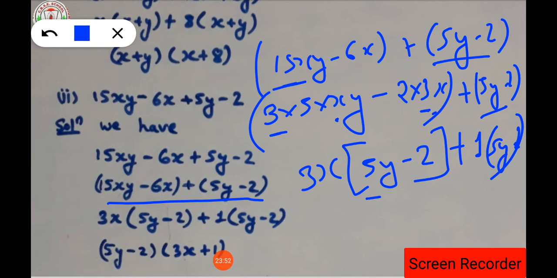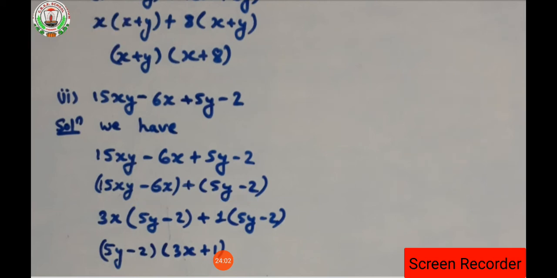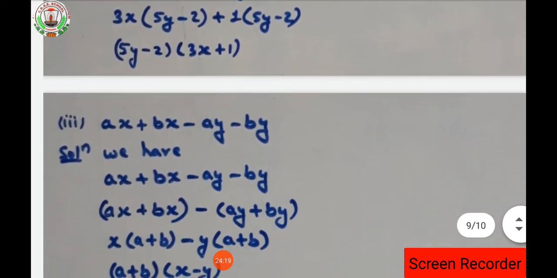Now 5y minus 2, 5y minus 2 is common for both, so 5y minus 2 into 3x plus 1 is left out. Clear? So here the expanded form is also being used. Suppose you think in 15xy and 6, which will be taken as common? Variable you can easily take as common, but for the numbers you can expand and see.